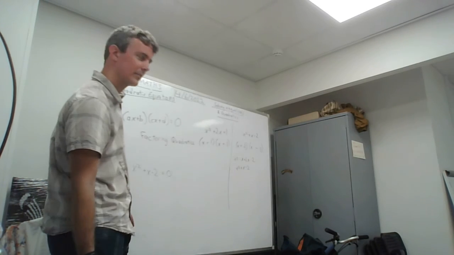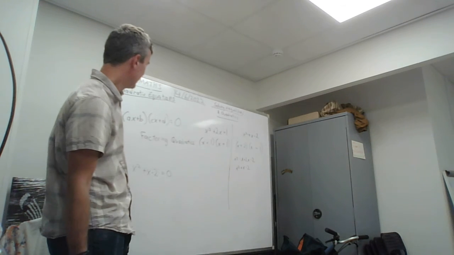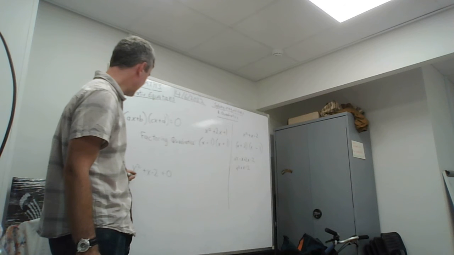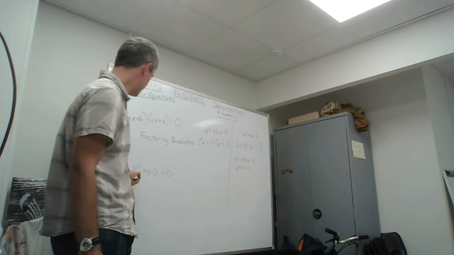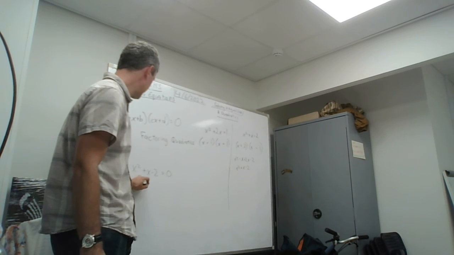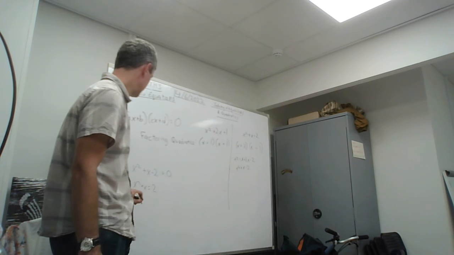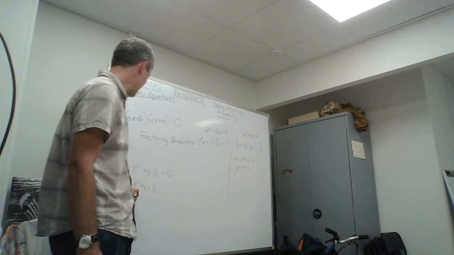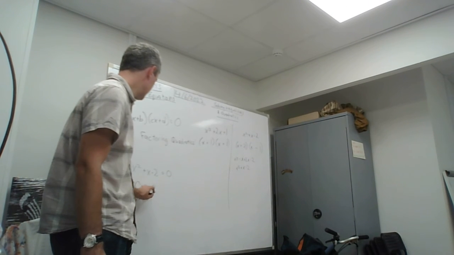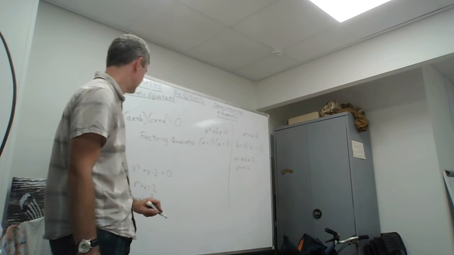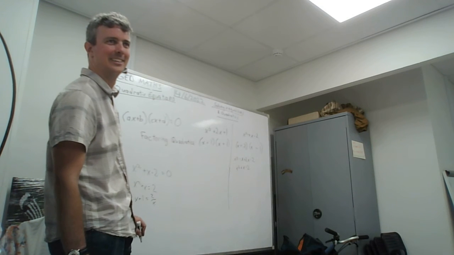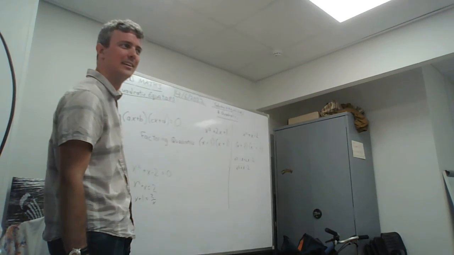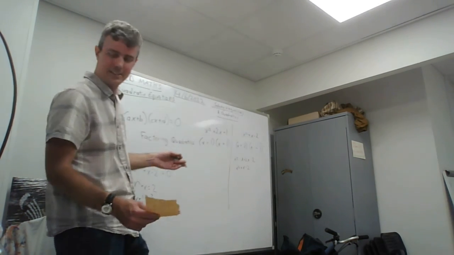If I try that, x squared plus x equals 2, then maybe I can divide through by x, so I get x plus 1 equals 2 over x. That doesn't work, does it? How do I get x by itself? I can't. It's a problem.